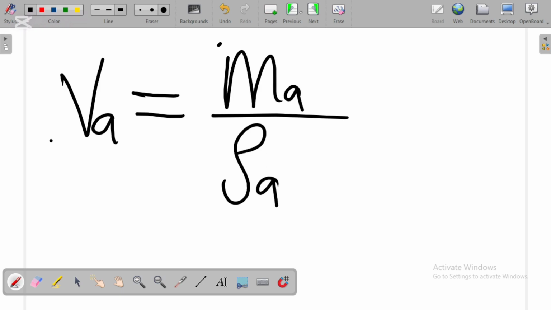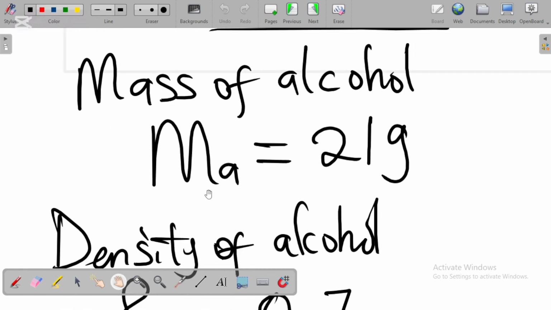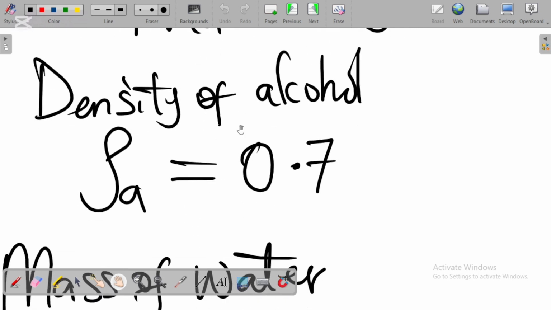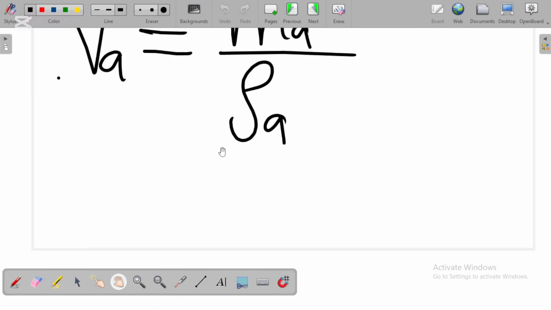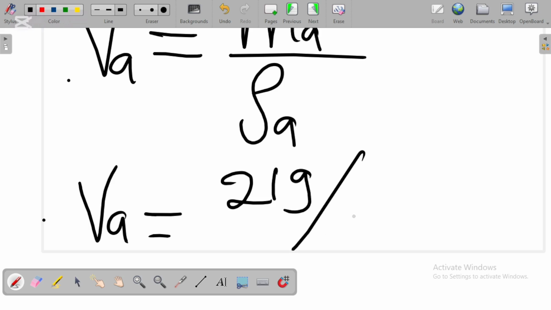Now let's check if we have mass of alcohol and density of alcohol. Yes, we have it here. The mass of alcohol given is 21 grams and the density of alcohol given is 0.7. All right, so the volume of alcohol, VA, is equal to 21 grams divided by 0.7 gram per cm cube.